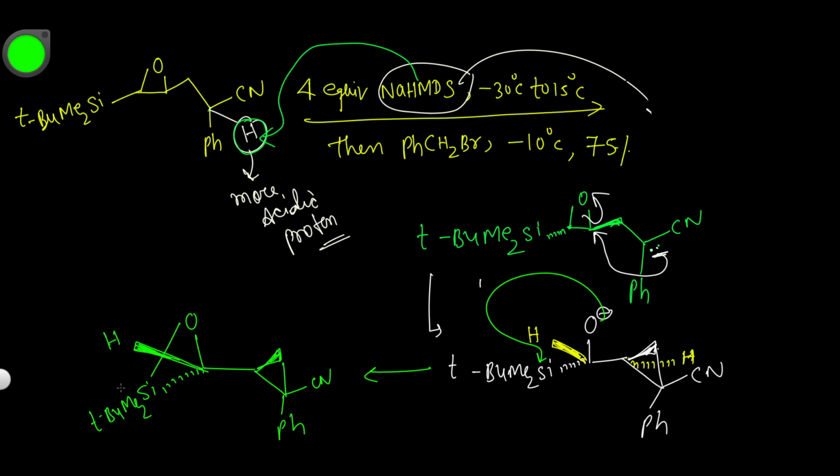Okay, and the silicon gets a negative charge after the oxygen attack on the silicon. So what will happen in this reaction? You already know that after the attack of the oxygen, the silicon gets a negative charge.